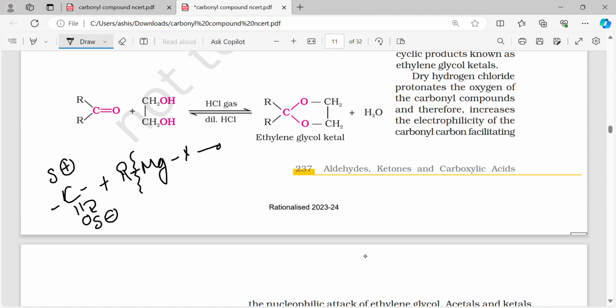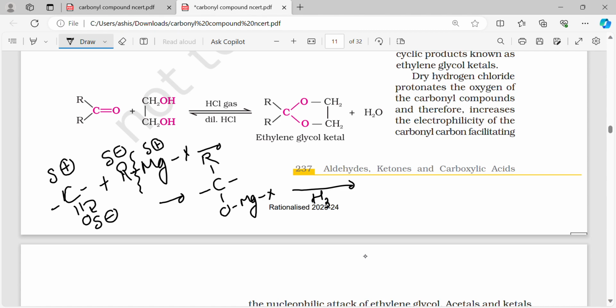So the oxygen atom will acquire partial negative charge and carbon will acquire partial positive charge, and the bond of R and Mg will break, and the electrons will shift towards R, meaning carbon, because carbon is more electronegative than magnesium. So here magnesium will acquire partial positive charge.